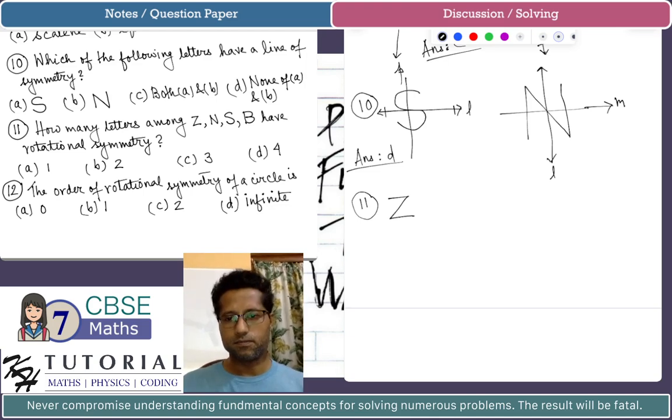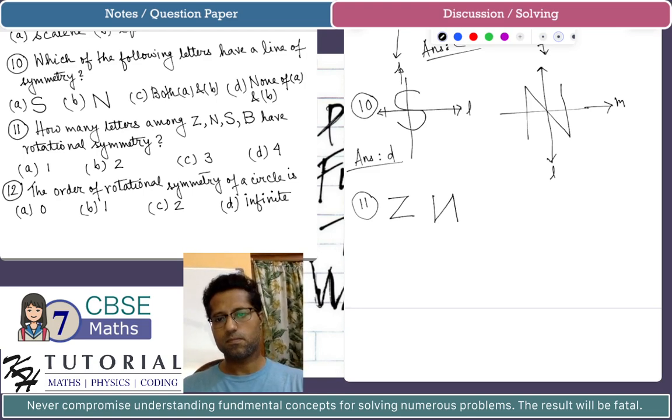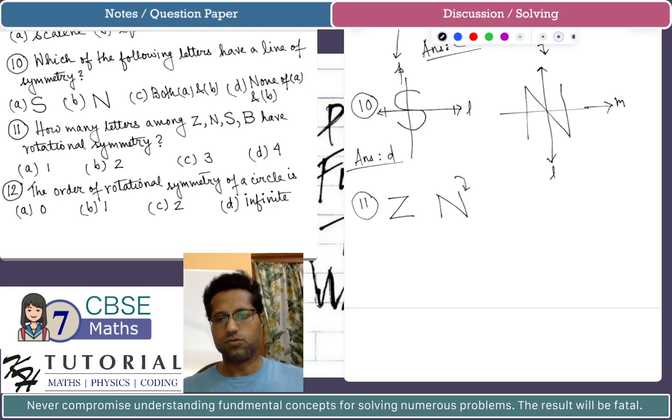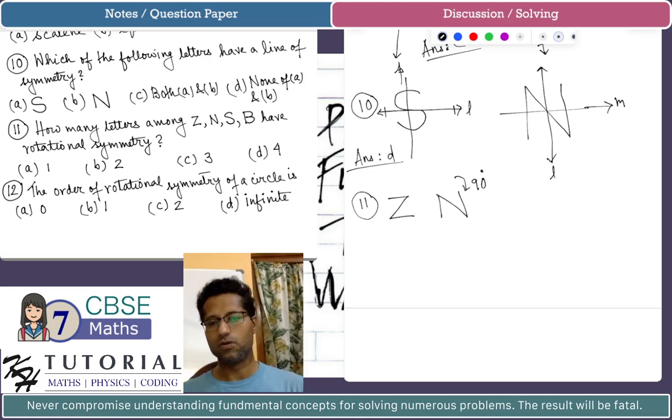I think you will get something like N. That is, the letter Z, when rotated clockwise 90 degrees, looks like an N, which is definitely not looking like Z.